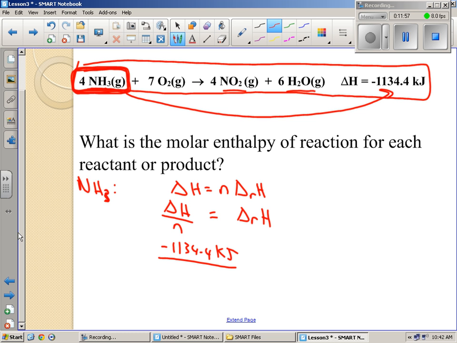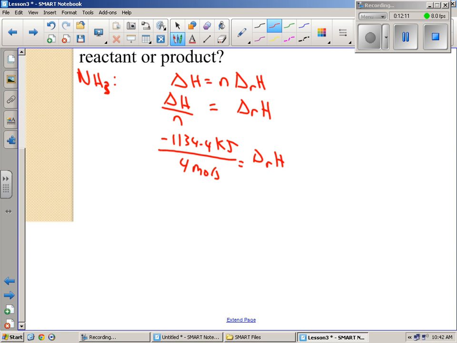But remember, that is based on 4 moles of ammonia being burned. So divided by the number of moles, I would get delta rH, and dividing those two numbers, I think you get about negative 283.6 kilojoules per mole. That is what we call the molar enthalpy.